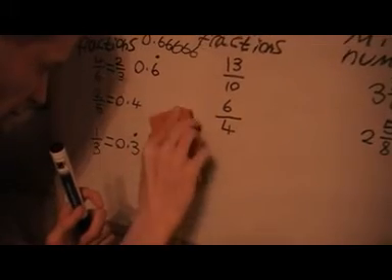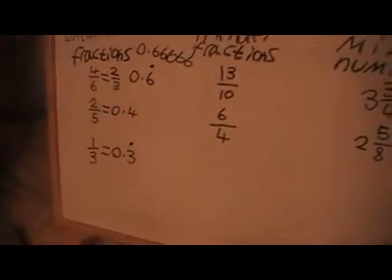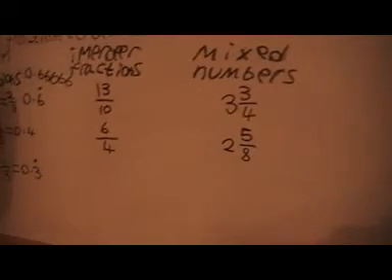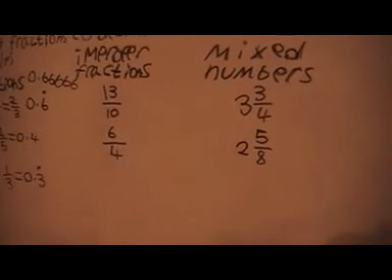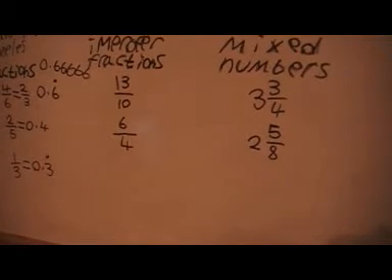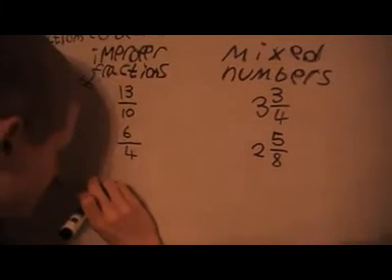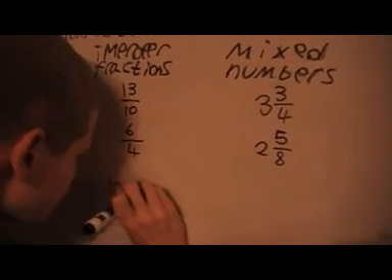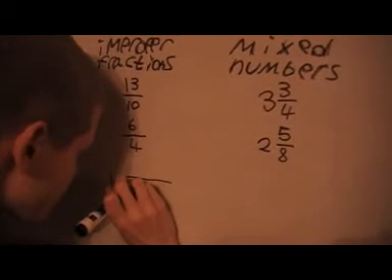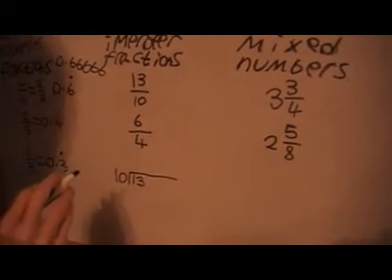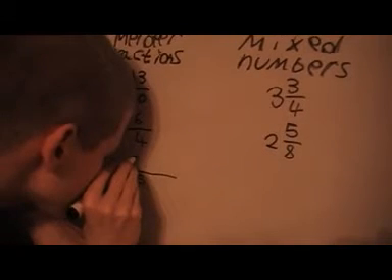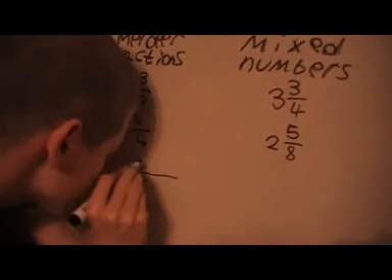Now, because it's important, I'll just show you how we deal with improper fractions and also mixed numbers. So first of all, let's look at improper fractions. This first one's going to be 10 into 13. We know that 10 into 13 goes once.